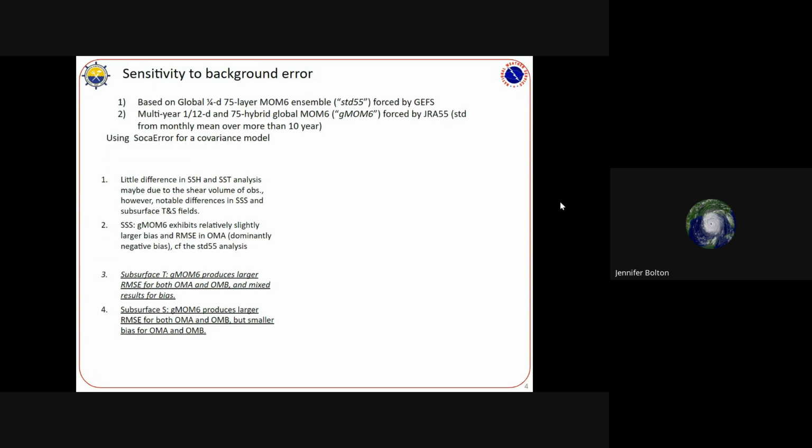And the second one is more than 10 years of simulations with 1/12 degree and 75 hybrid global MOM6. That is called the GMOM6. That is forced by JRA55, done by GFDL and the FSU group together.